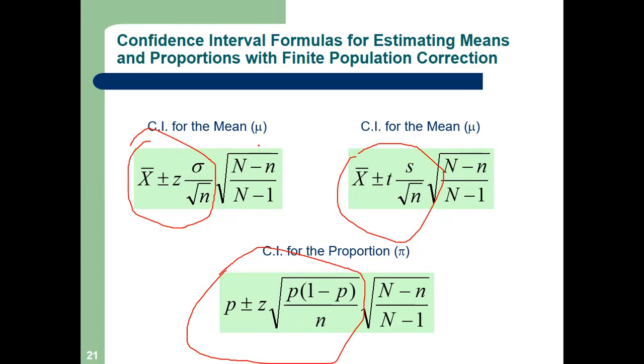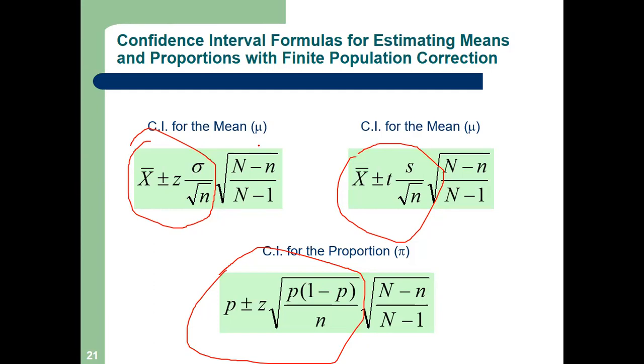We will again repeat, if my sample size by population size is greater than 5%, then we will use the finite population correction factor. Is it clear? Tejaswita, is it clear? Yes, sir. Have you written the formulas?